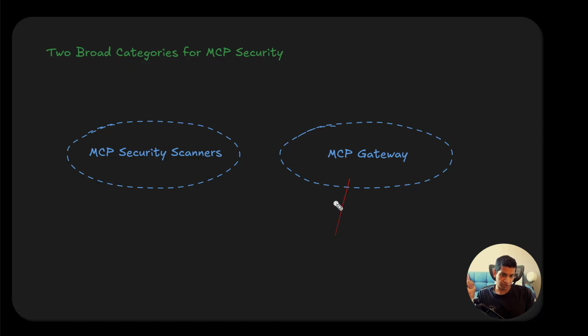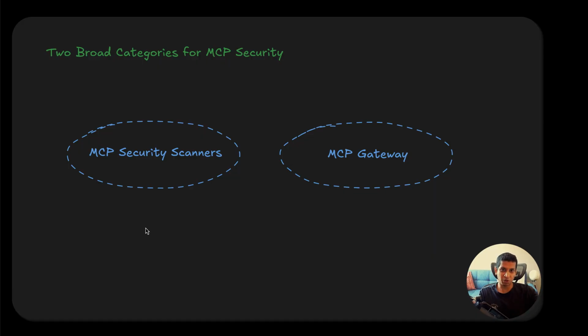The second approach is the MCP gateway, which I want to focus more on in this video. The reason is MCP scanners are great, but the problem is, if you think of it, it's a one-time scan. You scan your server, you get a result, and you start using it.